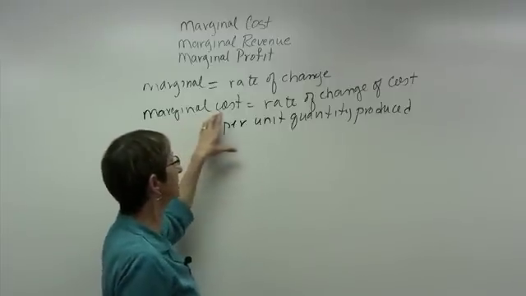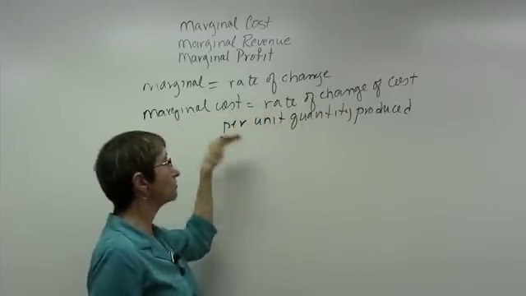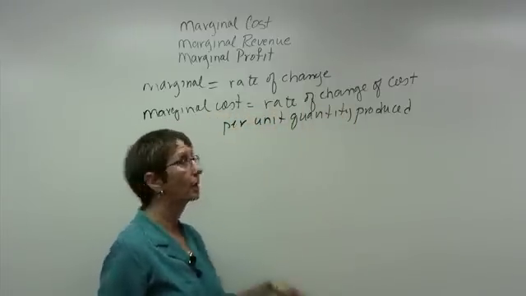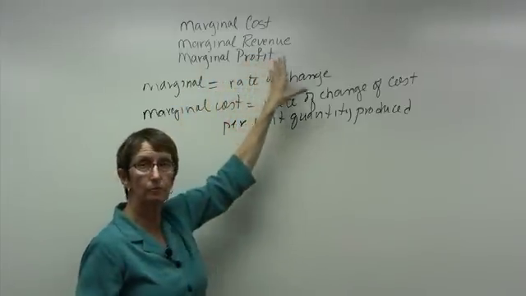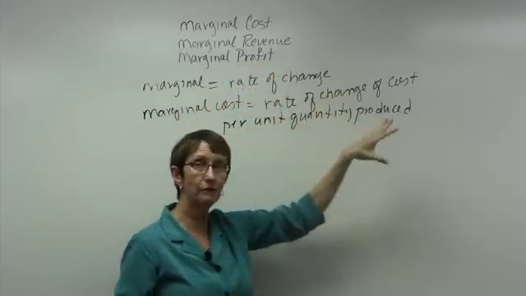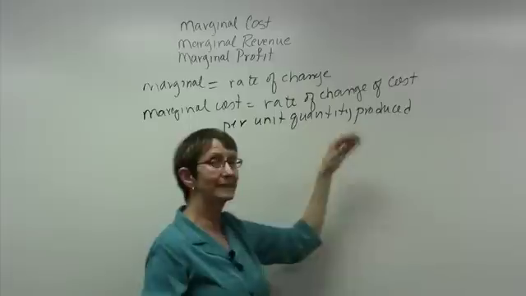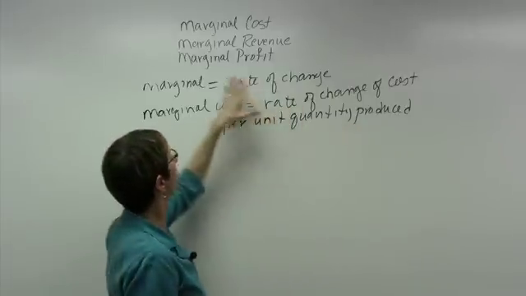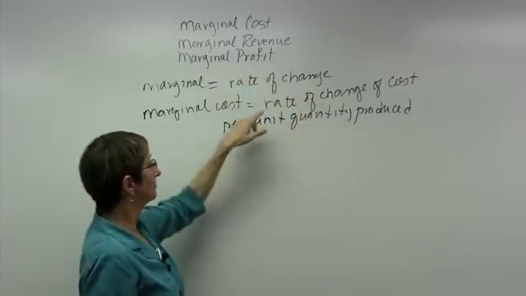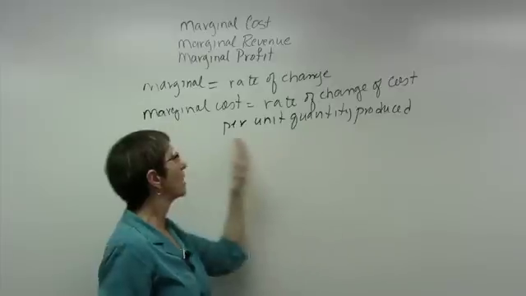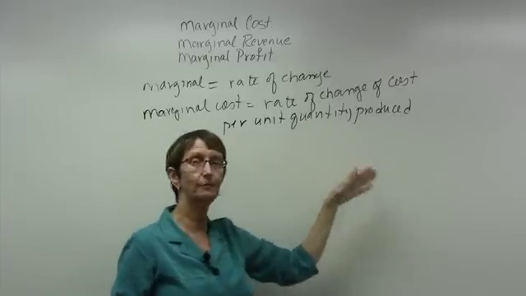So marginal cost is the rate of change of cost per unit quantity produced. Marginal revenue then would be the rate of change of revenue per unit quantity sold. Marginal profit is the rate of change of profit per unit quantity produced and sold.